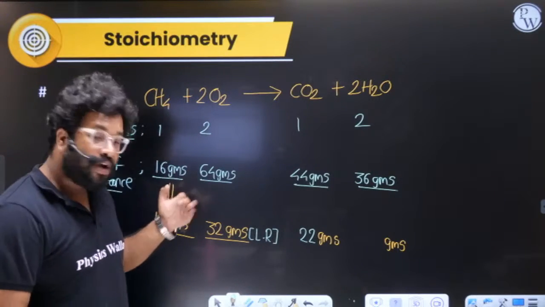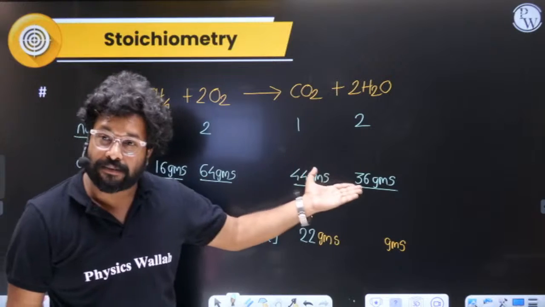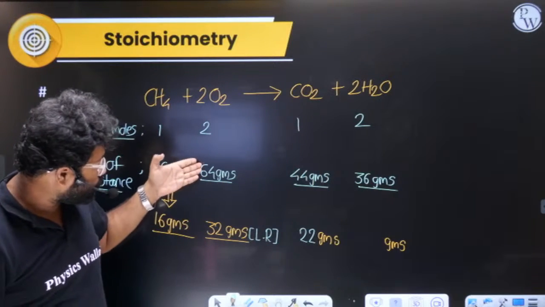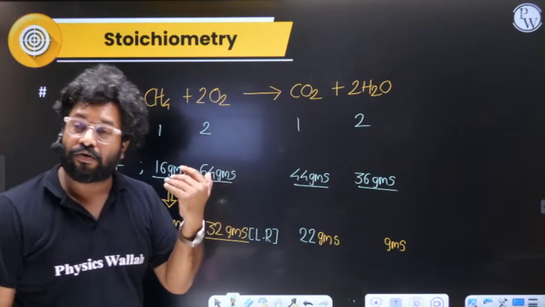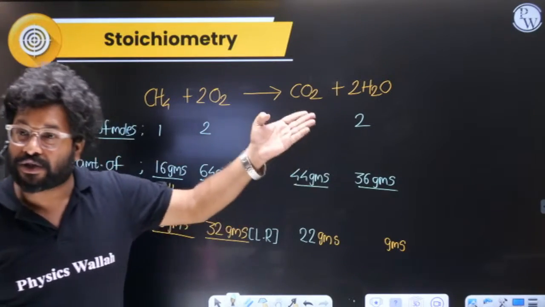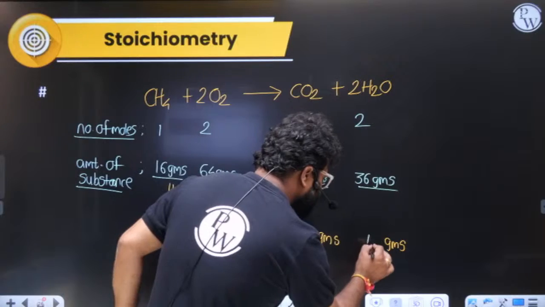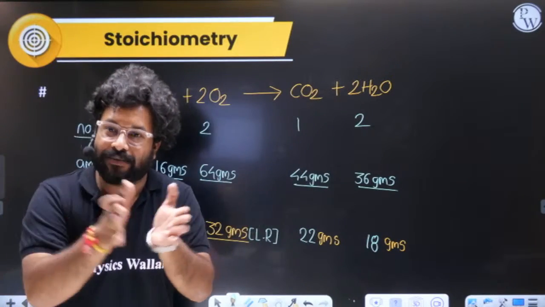Similarly, when you had 64 grams of O2, you are getting 36 grams of water. So the amount of O2 has been halved from 64 to 32. Then the amount of water which is getting formed is also going to get halved from 36 to 18. Like this. Now you can just add them together.